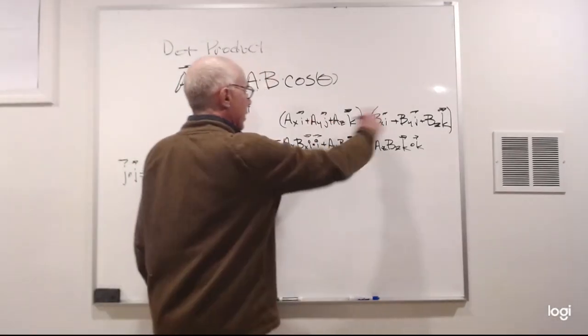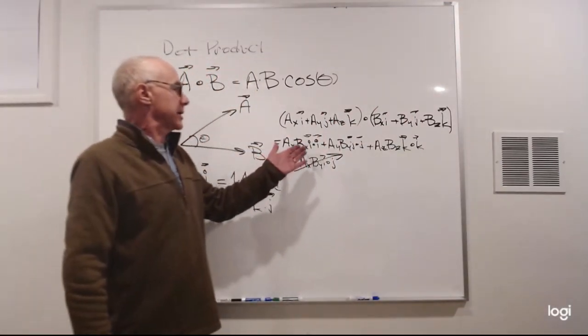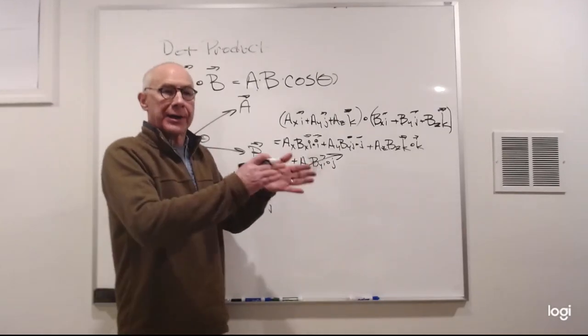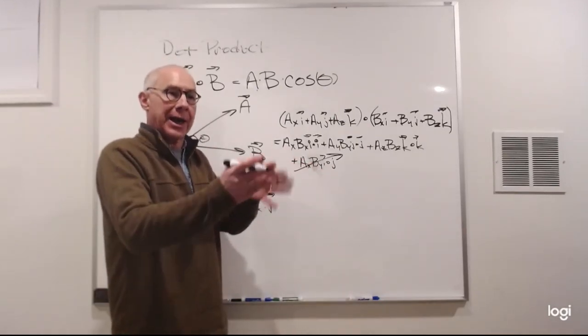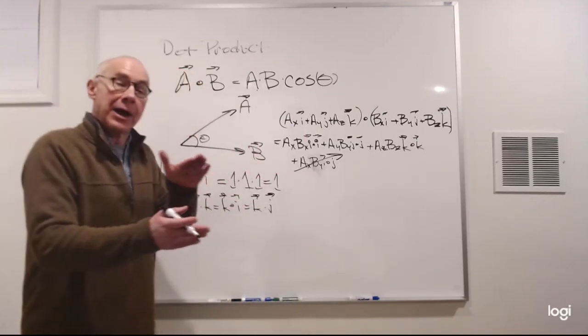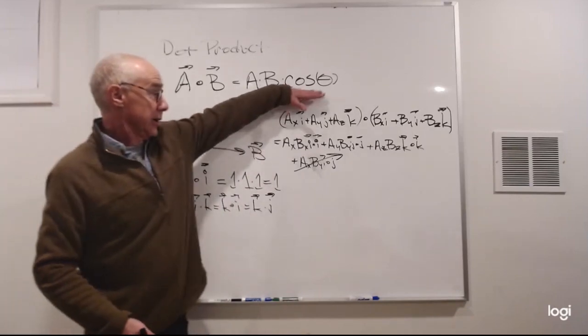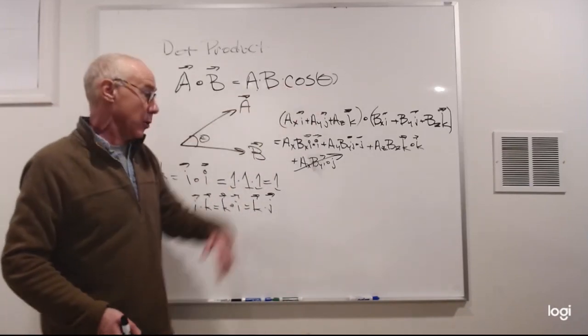And in fact, all the other terms are going to go away because they're all going to be dot products of either i dot j, j dot k, i dot k, where the unit vectors are different and have an angle of 90 degrees, so that cos theta in the dot product makes them go away.